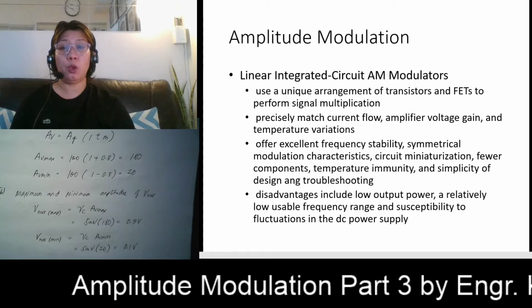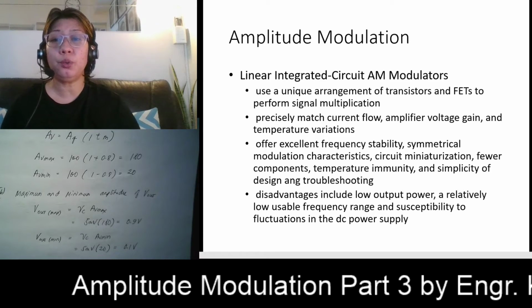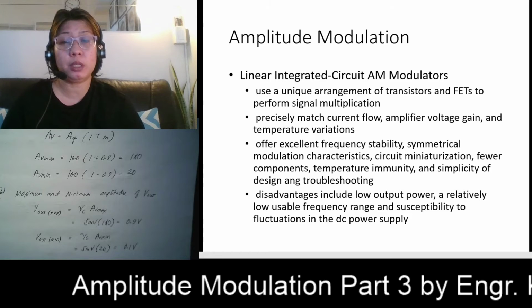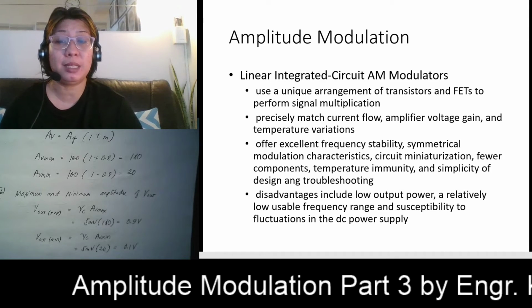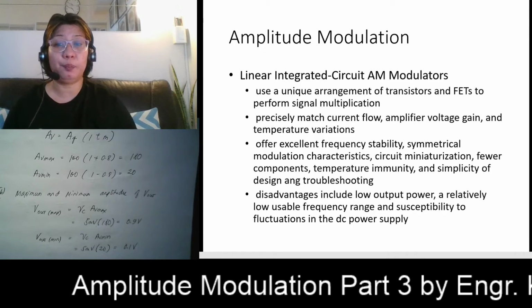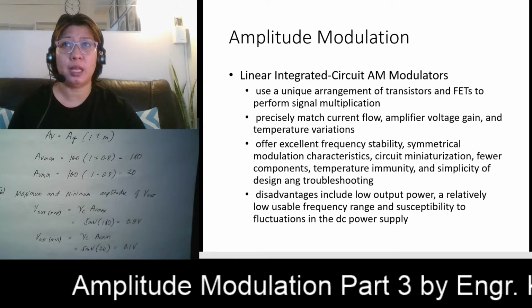Of course, when you are using an integrated circuit, you don't need to troubleshoot anymore because we cannot really see what is inside that integrated circuit. Those are the advantages of your linear integrated circuit.